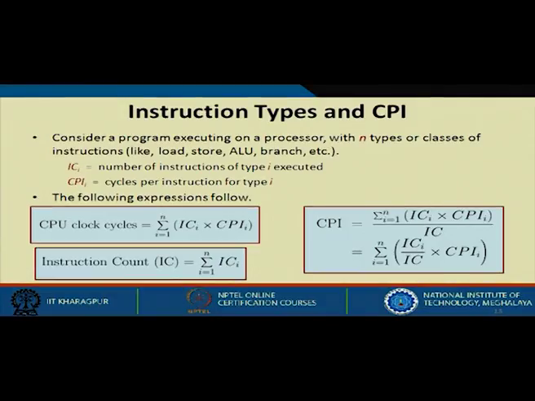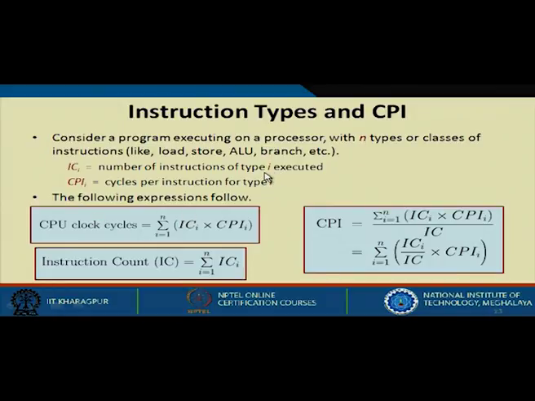So, these are divided into, let us say, load, store, ALU, branch, etc. IC of i is the number of instructions of type i executed, and CPI of i is cycles per instruction of type i. The following expression follows from this.